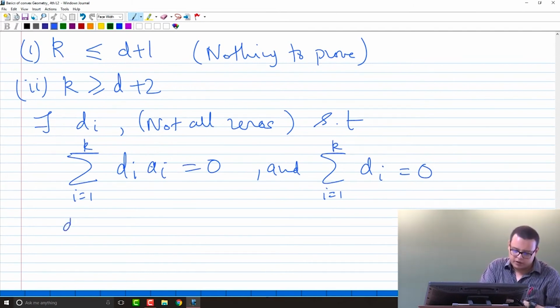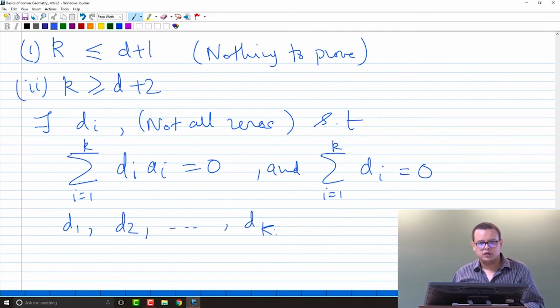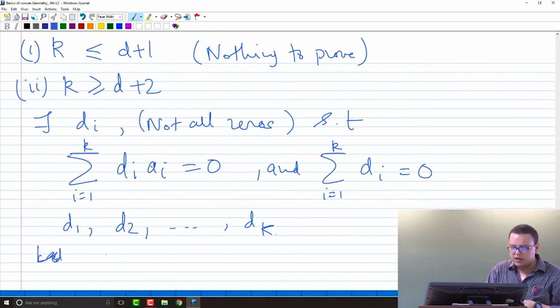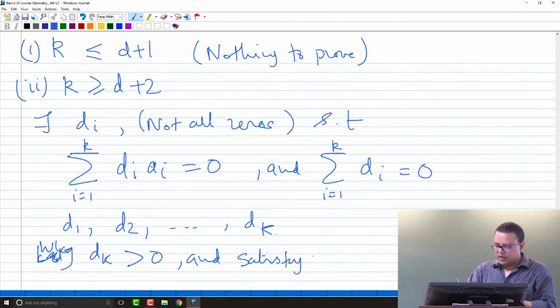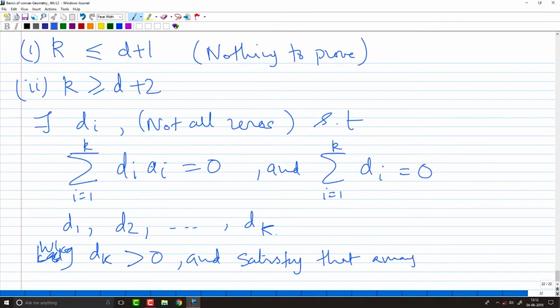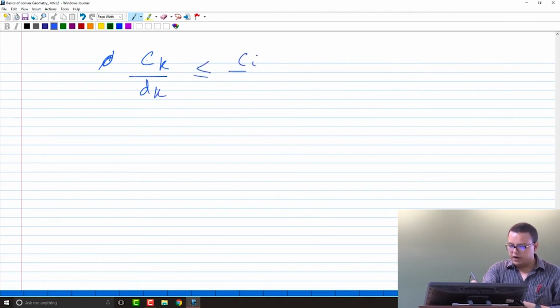Okay, so now look at d1, d2, dk. Without loss of generality, assume that dk is greater than 0, and dk satisfies the following property: among all di greater than 0, Ck by dk is less than or equal to Ci by di.